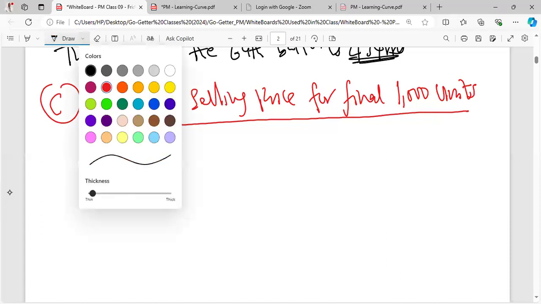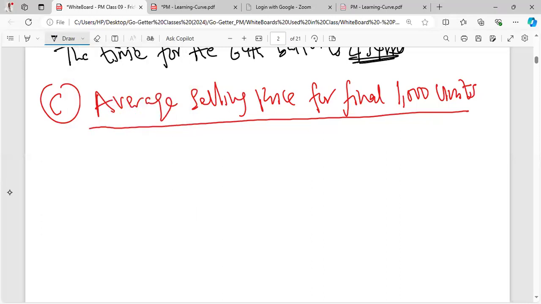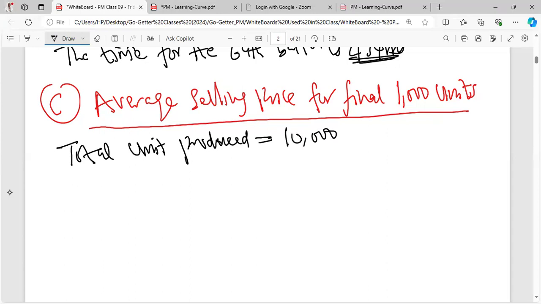So we'll now say total units produced, which is ten thousand units.